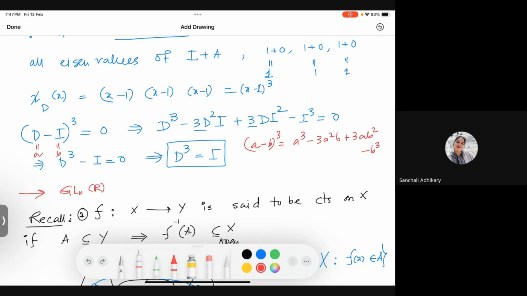The problem is actually this: AB not equal to BA.